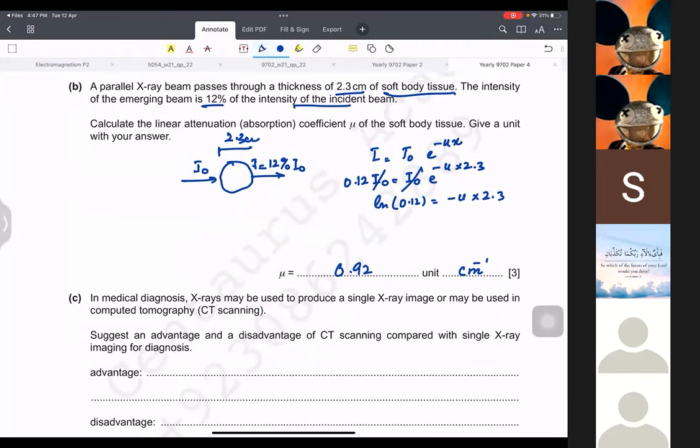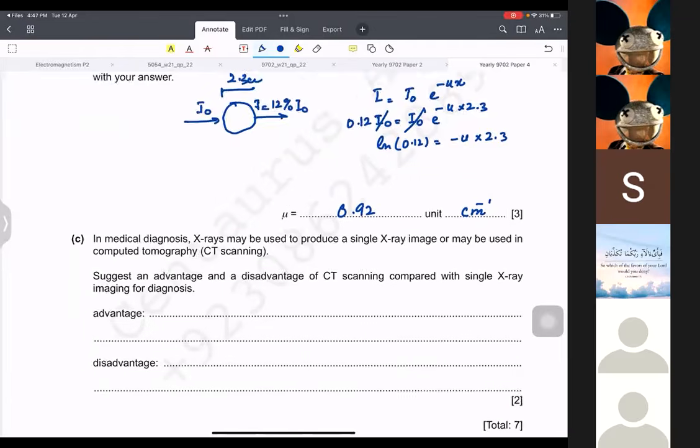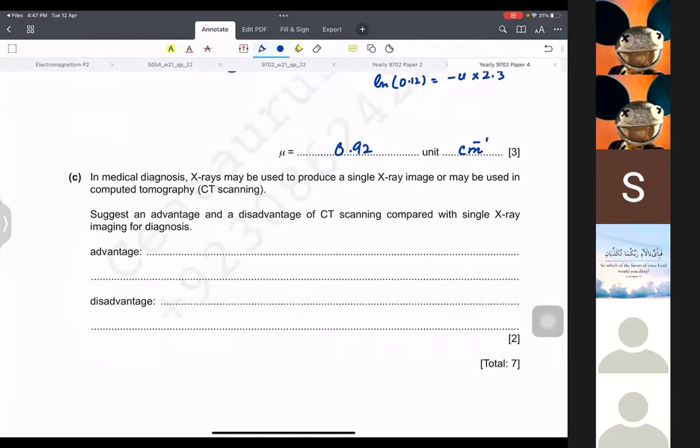In medical diagnosis, X-rays may be used to produce a single X-ray image, or may be used in computed tomography, CT scanning. So there is an advantage and a disadvantage of CT scanning compared with X-ray imaging. The advantage is that CT scanning produces 3D images.